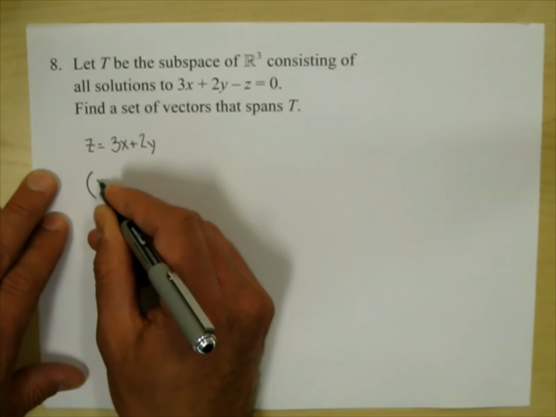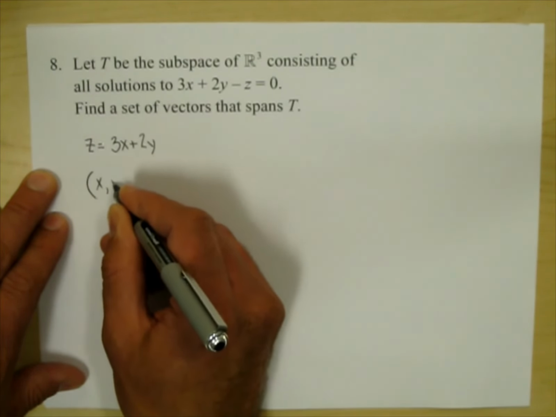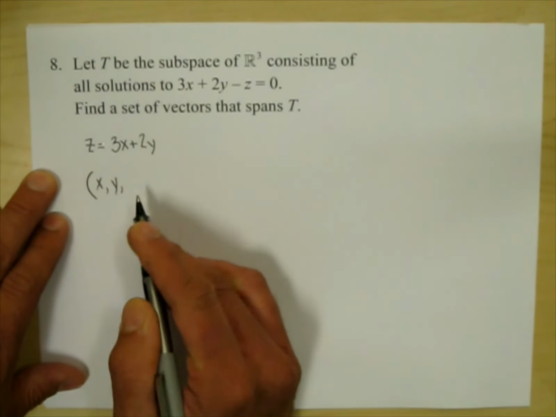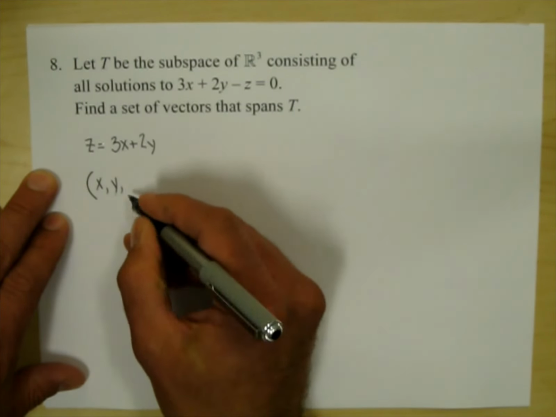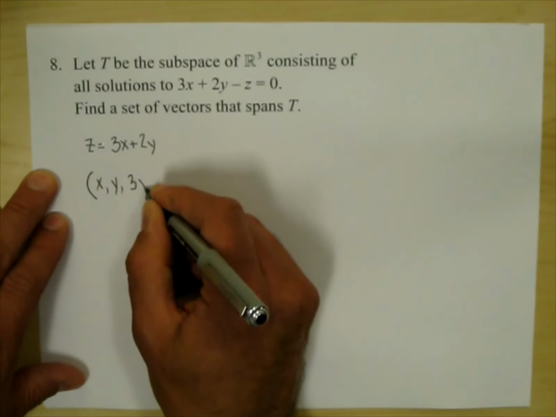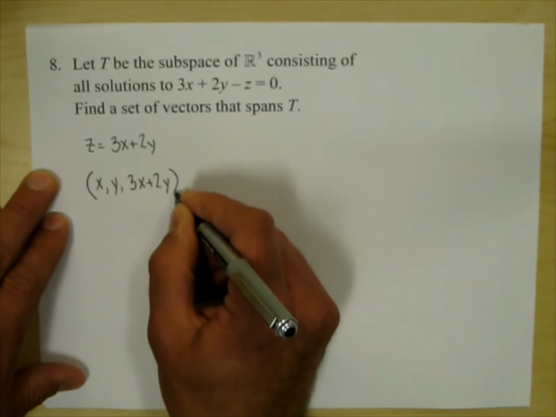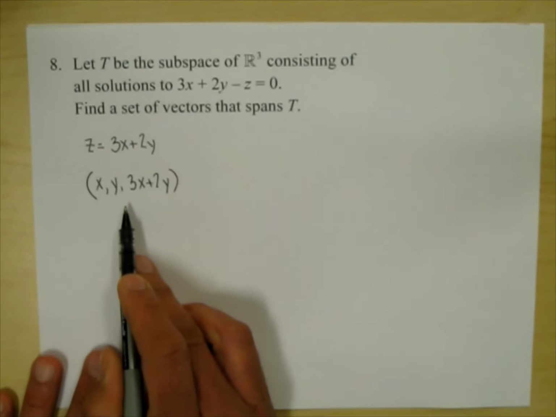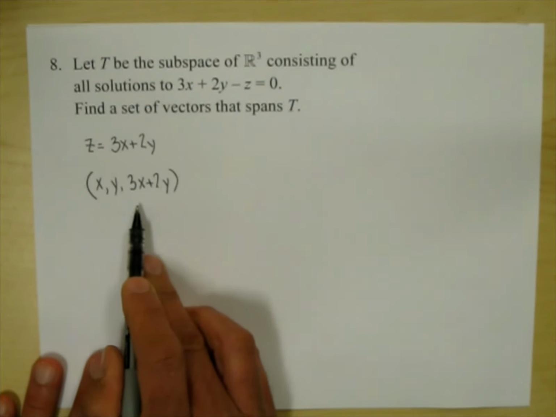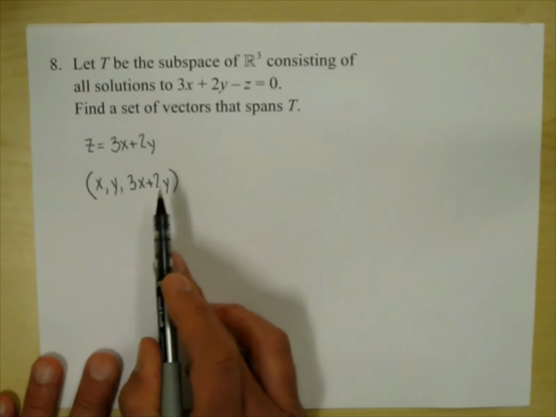Watch this. x, comma, y, comma, and instead of putting a z, we're going to put 3x plus 2y. So this is the span of S. This is the plane, and we're trying to find the seeds. So this guy right here is the same as that.